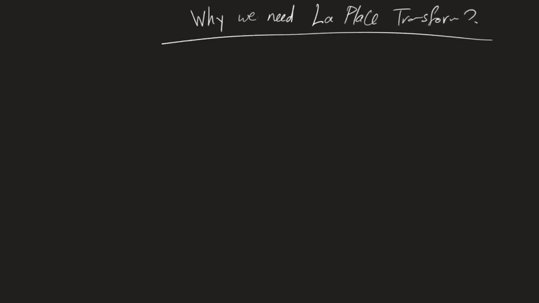To answer this question, there are two reasons that I will mention. One of them has to do with just pure mathematical situation, and the other one is more into systems understanding.